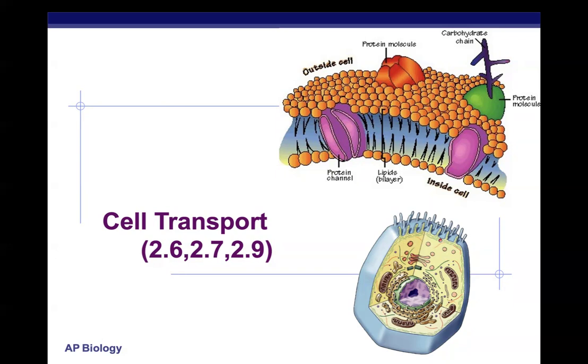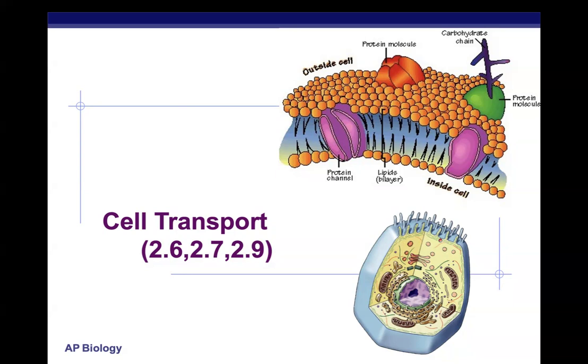Not that the other stuff is unimportant, or that we don't need to know any of the other things. But if you were going to sit down for the AP exam and look at all the different questions that might come from Unit 2, you are most likely to see the highest proportion about this topic, right?